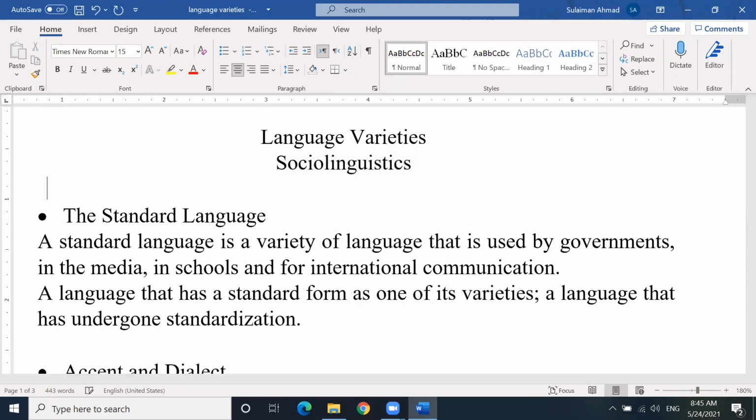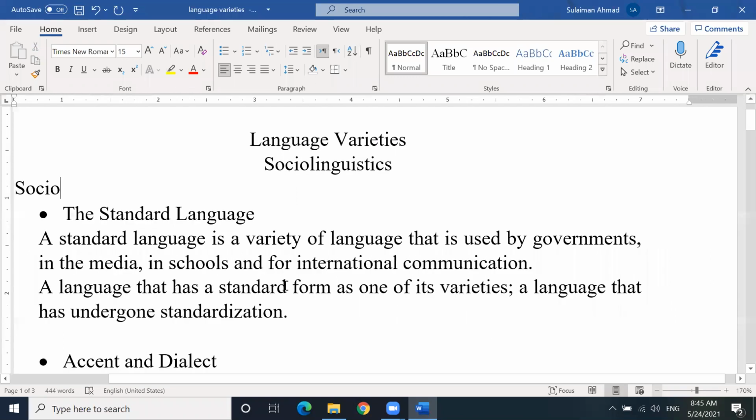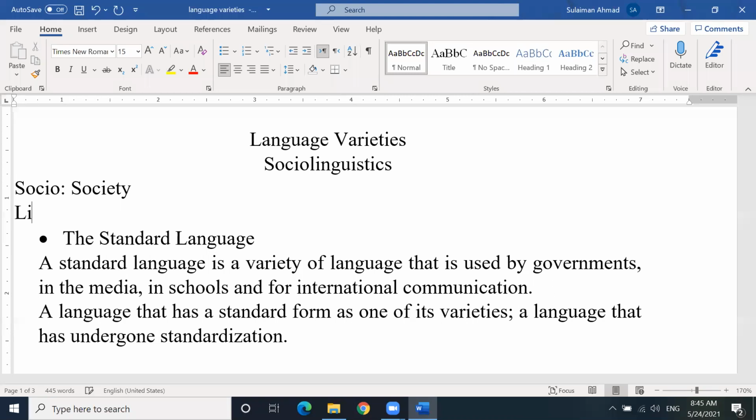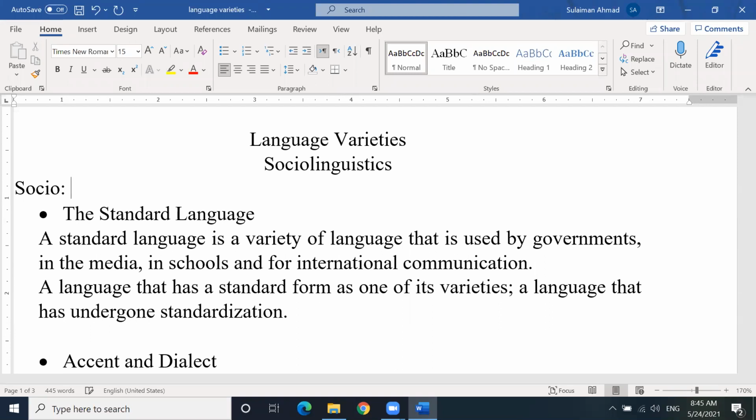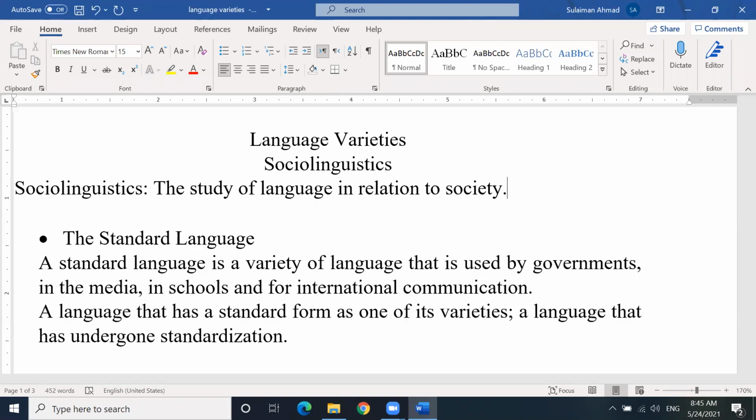If you look at the word, socio is from society, and linguistics is obviously from linguistics. So sociolinguistics means the study of language in relation to society, right? That is what we call sociolinguistics.